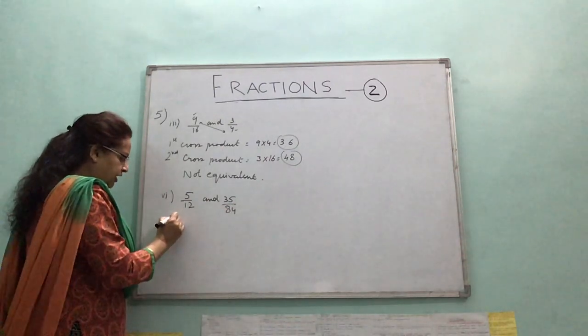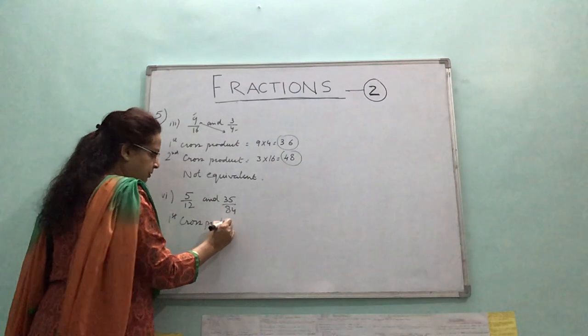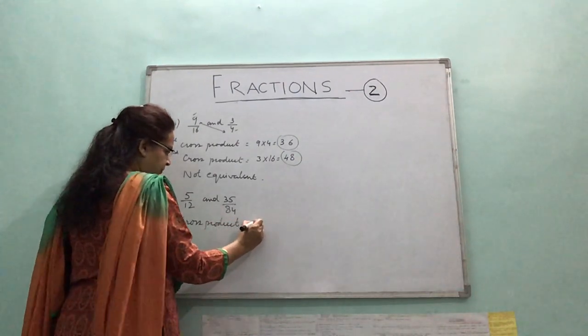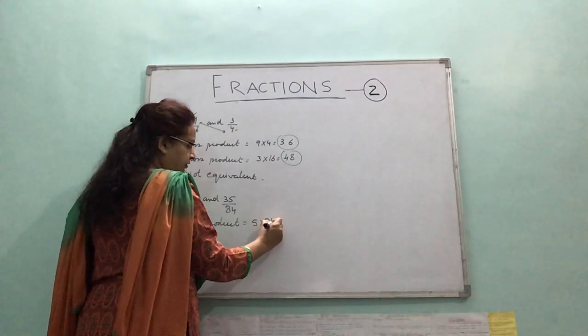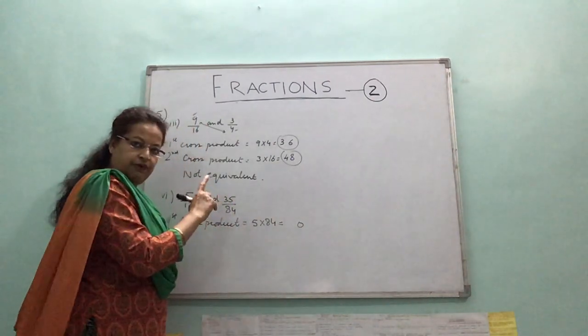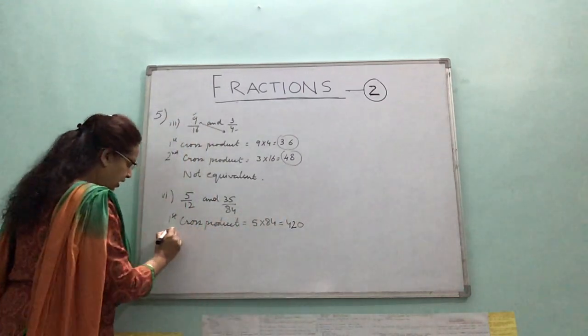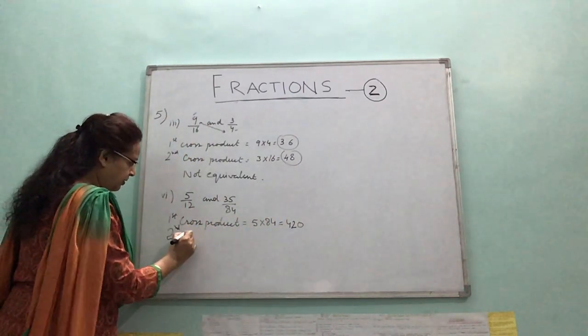Again, I'll find out the first cross product. You will do in the same way in your notebook. 5 into 84. Let's multiply. 5 4 times is 20. 2 carried over. 5 8 times is 40. 42, 0. I'll find out the second cross product also.